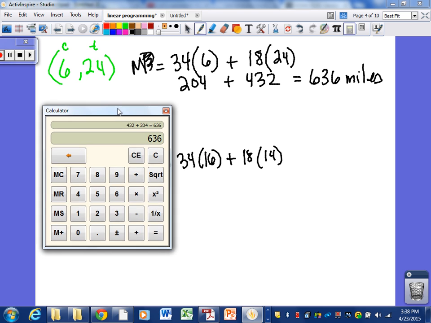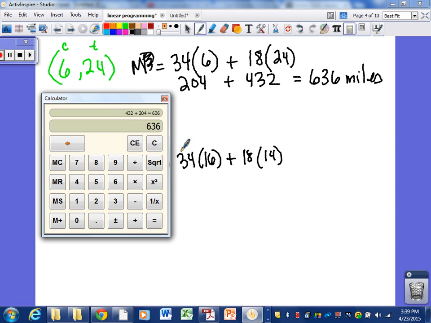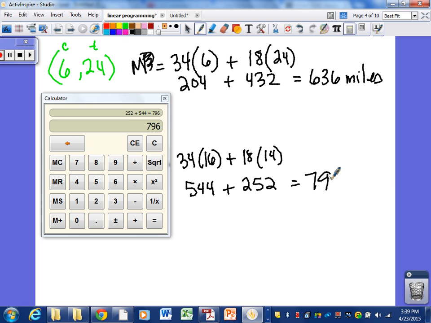Let's see if I can do better with this other equation. 34 times 16, that's 544. 18 times 14, that's 252. If I add these two together, I get a total of 796 miles.